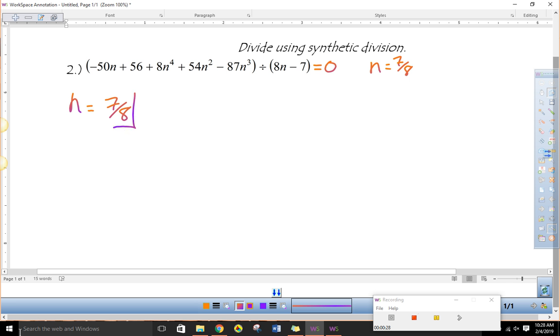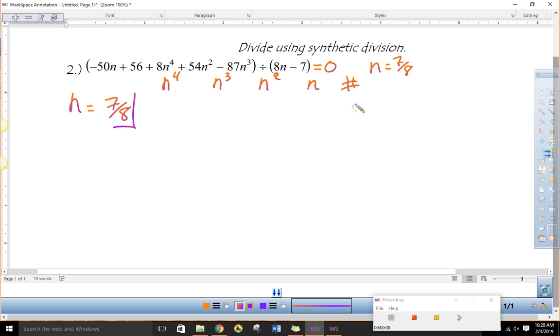Then what do I do? I'm looking for my highest exponent, yeah? Which is what? N to the 4th. So I know I need n to the 4th, n to the 3rd, n to the 2nd, n, and then whatever the number is.